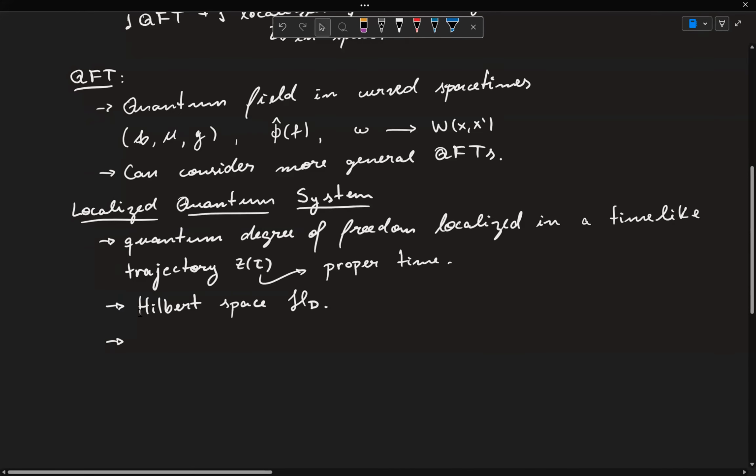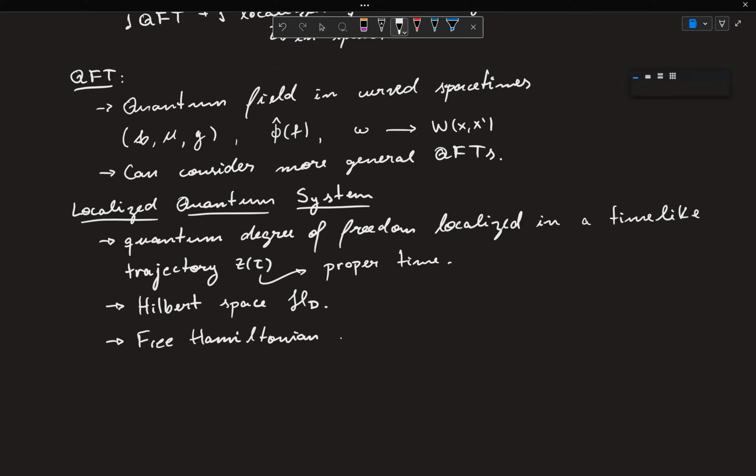And as any quantum system, the system will have a free time evolution that's described by a free Hamiltonian, which is denoted by H_D. And I will also make the assumption that this H_D has at least some, but ideally all of them, discrete energy levels. So that the Hamiltonian has bound states or has some states with discrete energy levels.